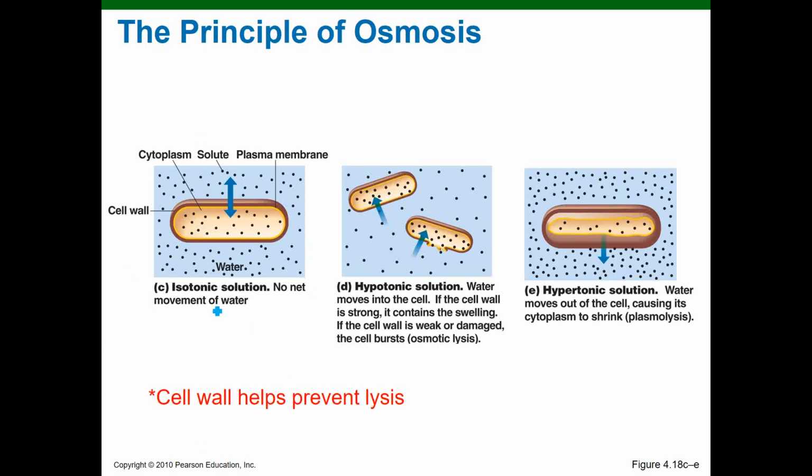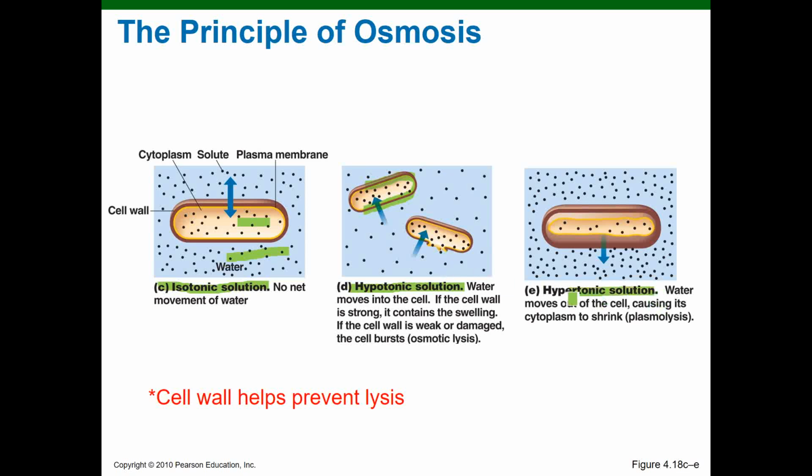So in the human body, let's say, you can have an isotonic solution, so there's generally the same number of solutes on the outside as there are on the inside, and you have just passive diffusion of water occurring. If the bacteria finds itself in a hypotonic solution, the water is going to rush in to try and balance out the solute concentrations, and without this rigid cell wall to help it maintain its integrity, the water would rush in with such intensity that it would cause the lysis, rupture, or bursting of this bacterial cell.